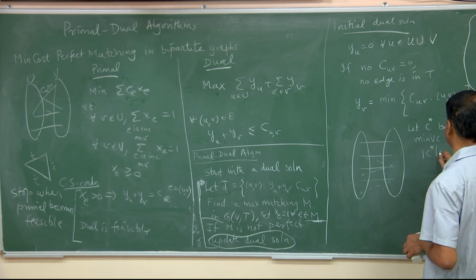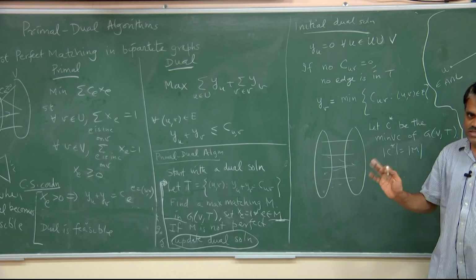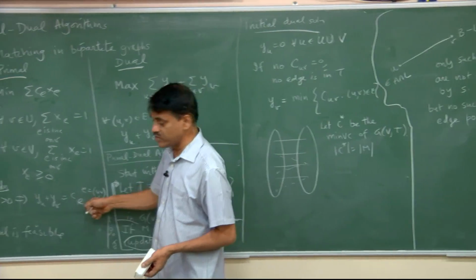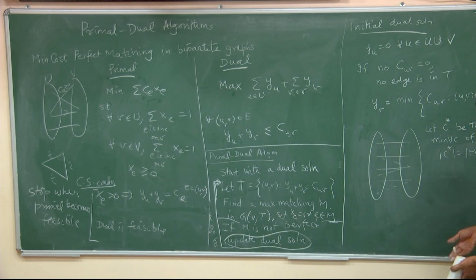By our earlier argument, these two are the same. I am only looking at the tight edges; the other edges I cannot pick because I would violate this constraint. I am only picking tight edges, and in that I am finding a maximum matching, and it's not a perfect matching, so it doesn't saturate all the vertices of U. And I look at the minimum vertex cover. I know that these two are the same because it's a bipartite graph and this is the maximum matching. And this is strictly less than n by 2 because it's not perfect.